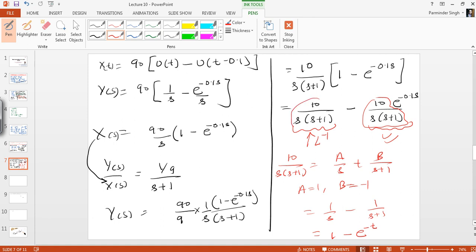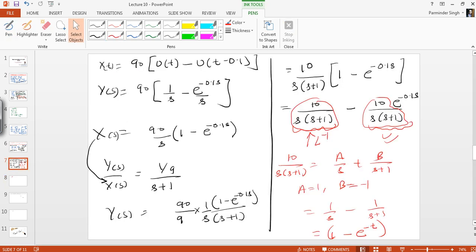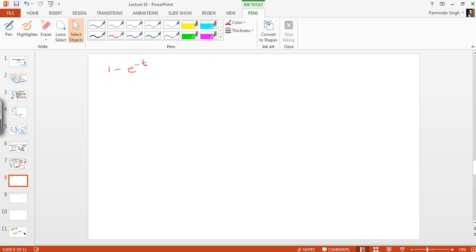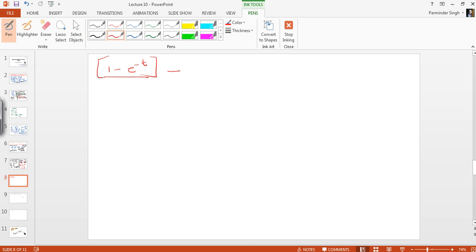So for the first half, we already know the solution. For the second part, the same term 10 over s into s plus 1 is there, so we can again write the same term, 1 minus e to the power minus t.